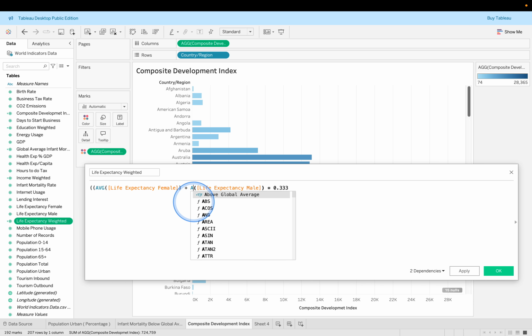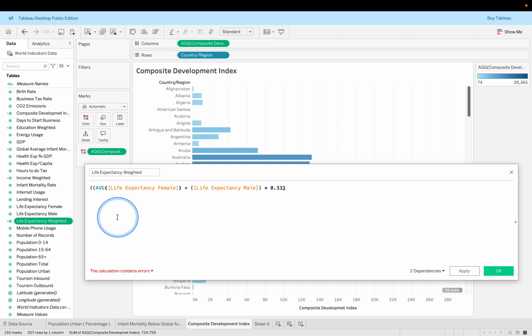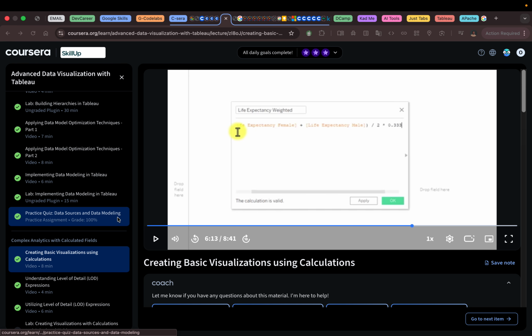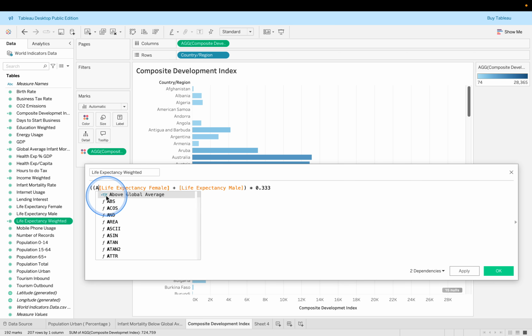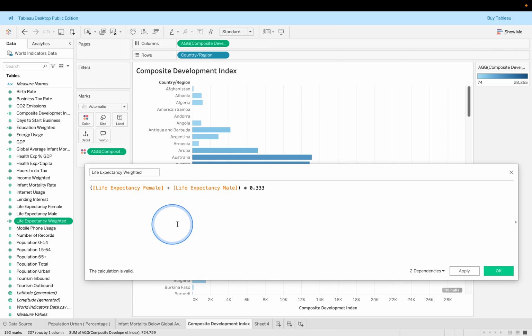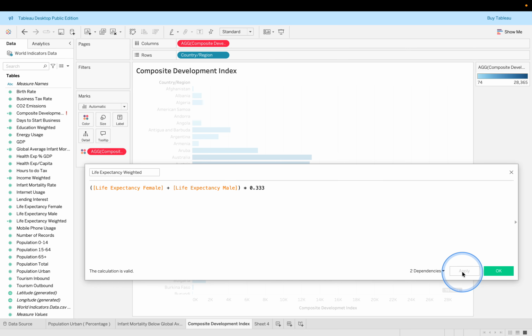But when we take out this bracket, the calculation will be valid.